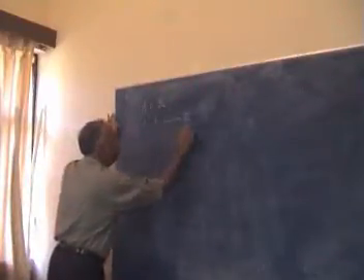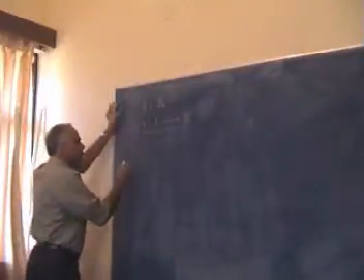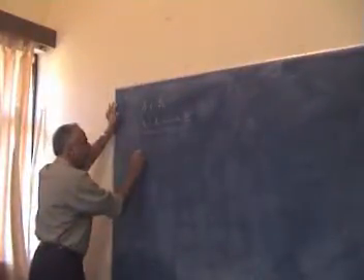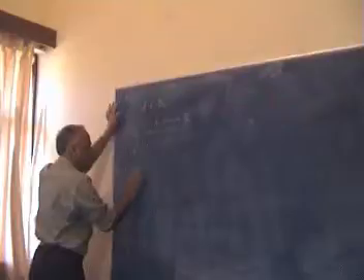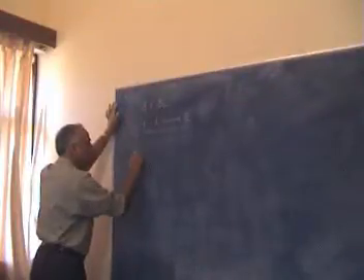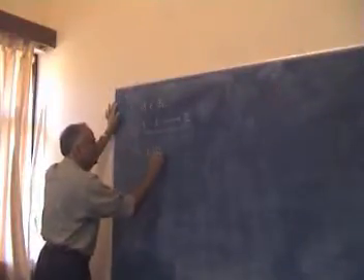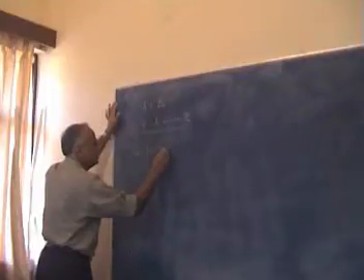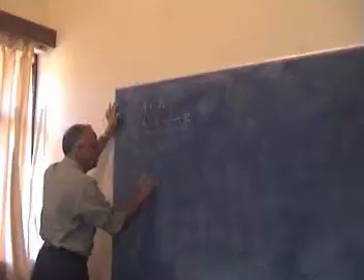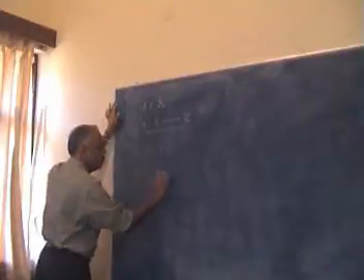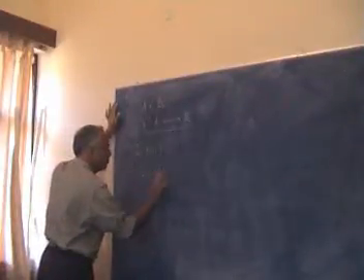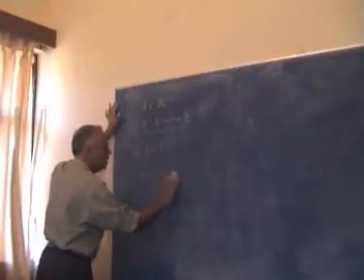Therefore, as I pointed out, if we take two functions f plus and f minus, f plus of x will be max of f(x), 0, and f minus of x is max of minus f(x), 0.